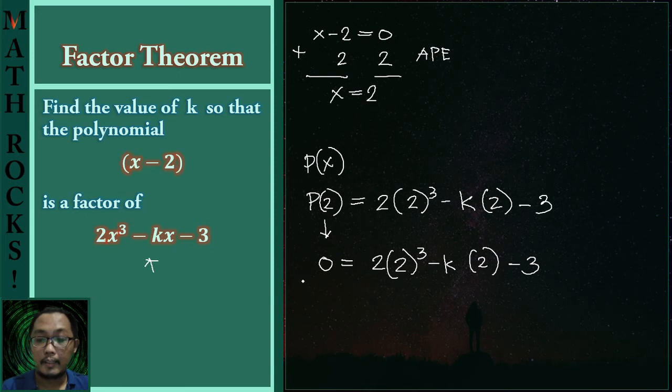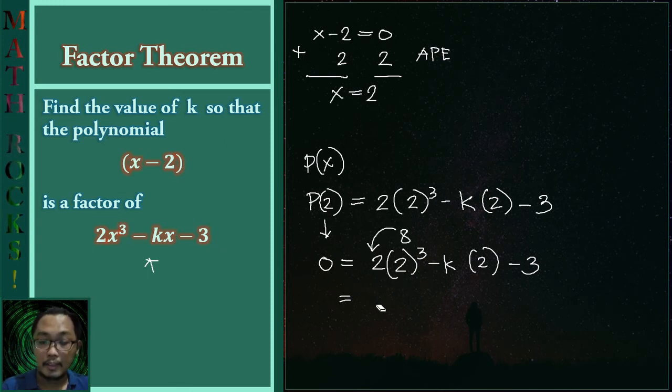We can easily have such value by manipulating this equation. Doing so, we have to evaluate 2 cubed here, which happens to have a value of 8, and multiplying the 8 with 2, it gives us a positive 16. Since we have to multiply here the negative k with the positive 2, it gives us negative 2k.